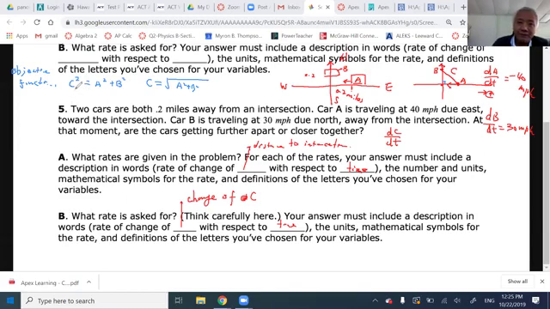Keep in mind that C, A, and B are functions of time. As time passes, C, A, and B will be changing, right? So we can take the derivative of this with respect to t, okay? We do d/dt of everything. So this will be 2C dC/dt.